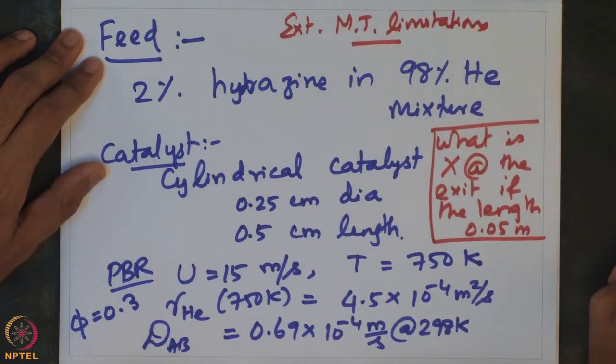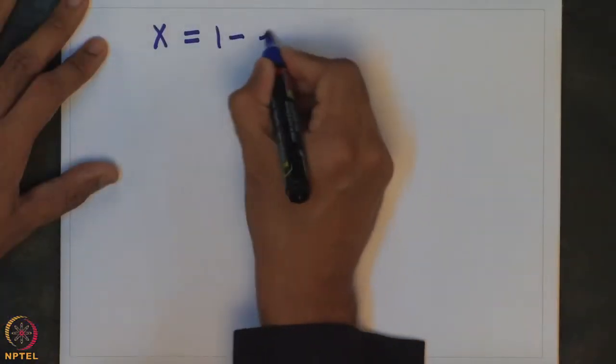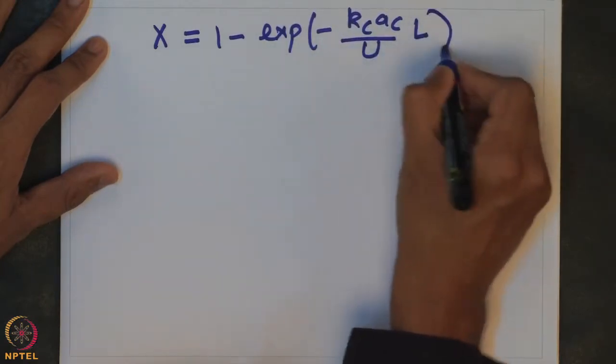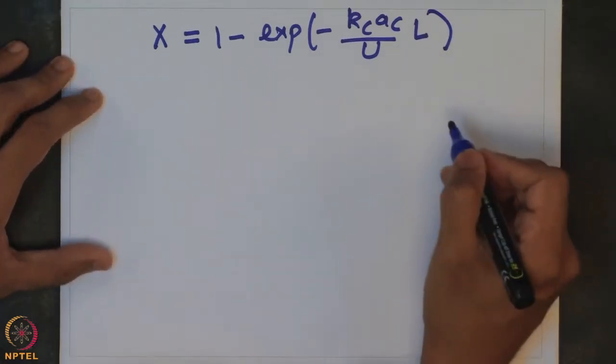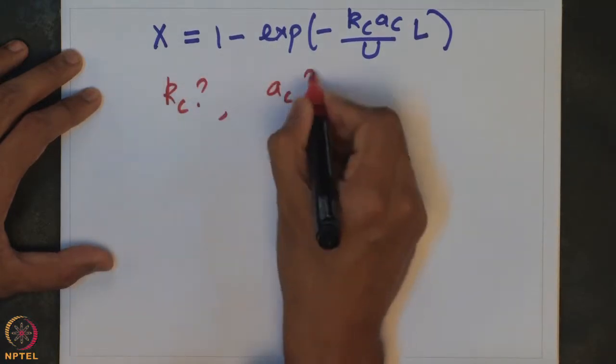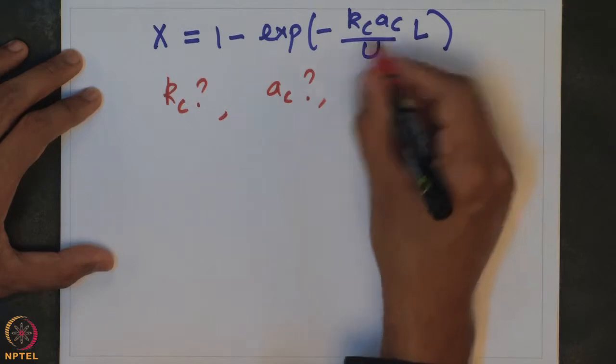When we looked at the packed bed reactor design, we found out the relationship between the conversion and the mass transport coefficient. So, let us start looking at that. In a packed bed reactor under external mass transport limitations, we found that the conversion is given by 1 minus exponential of minus Kc Ac divided by U into L, where L is the length of the reactor. So, we need to find out what is Kc, we need to find out the area per unit volume, and the superficial velocity is given.